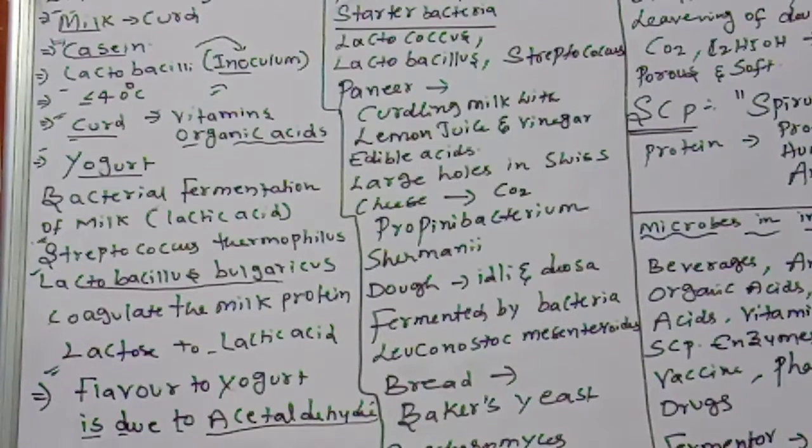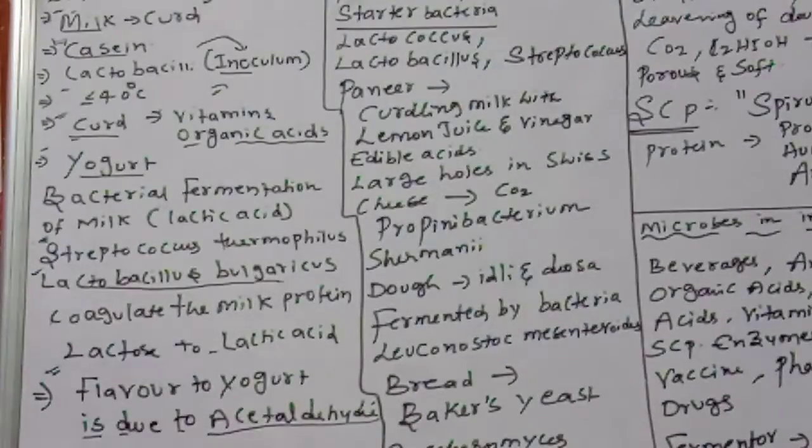What is the procedure in making cheese? One enzyme we use, and that enzyme is rennet, very important for NEET. The rennet enzyme is used in making cheese. After fermentation and the reactions, solids are separated and processed to form cheese.